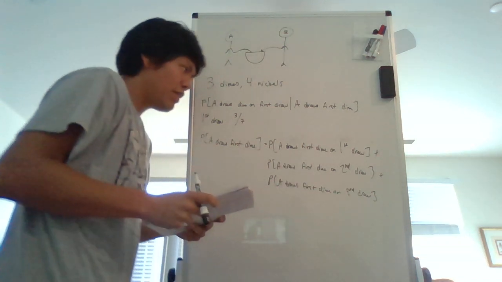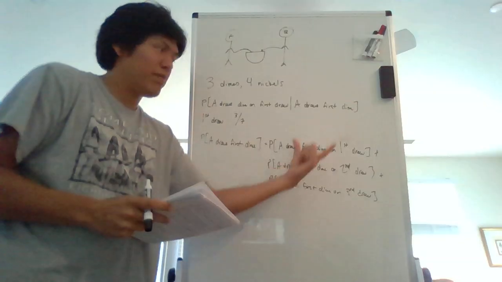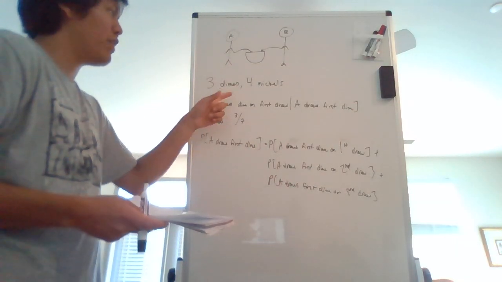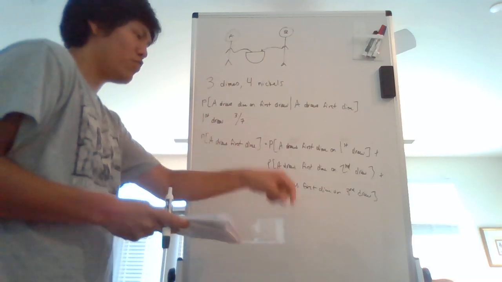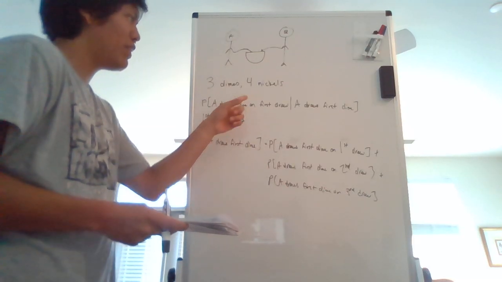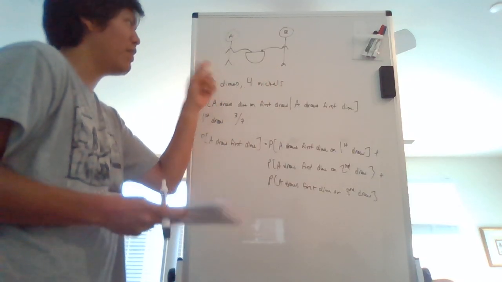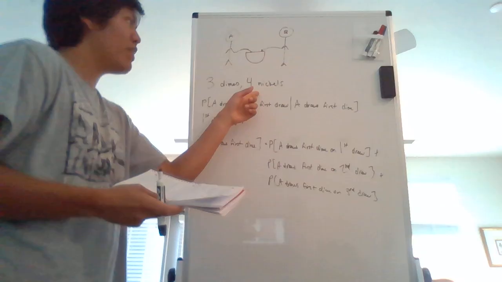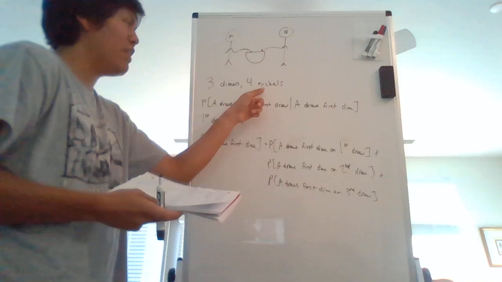Right. So that's how we would find only this section. And like I said, that comes from the fact that either they draw a dime on their first draw, or they grabbed a nickel, boom, dime, or they grabbed a nickel, then B grabbed a nickel, then A grabbed a second nickel, then B grabbed their second nickel.